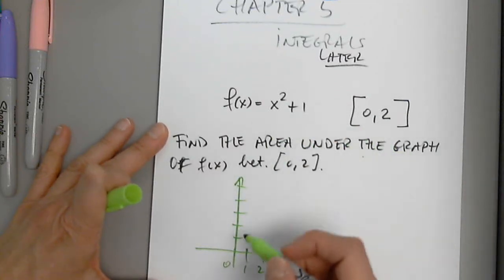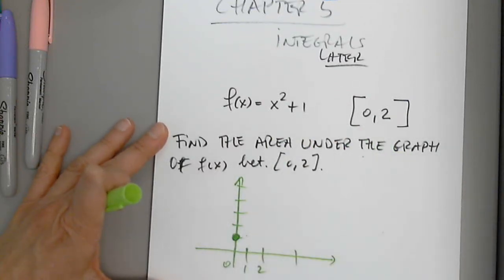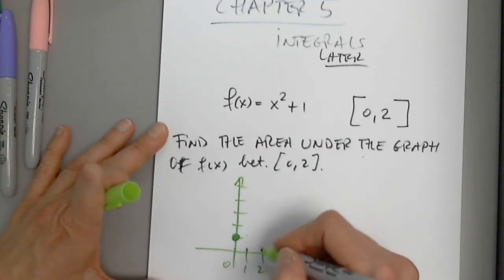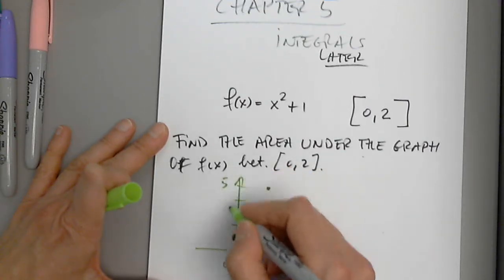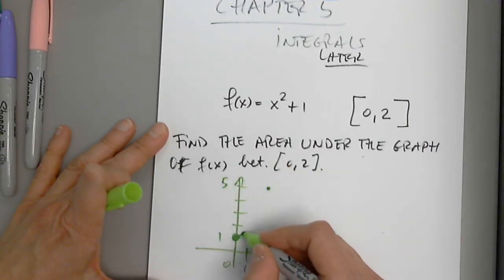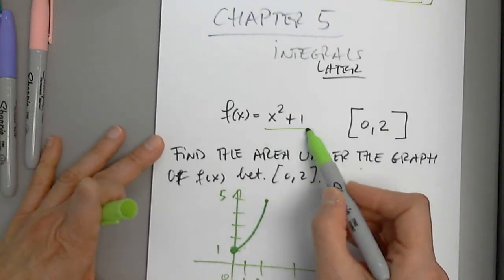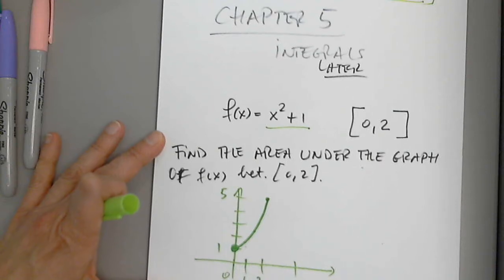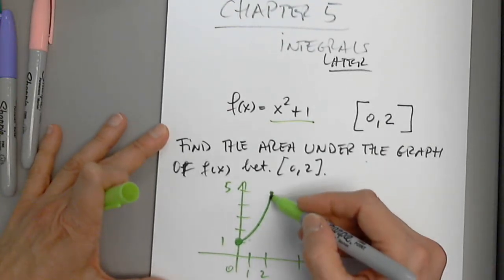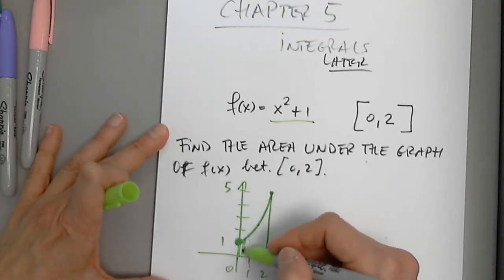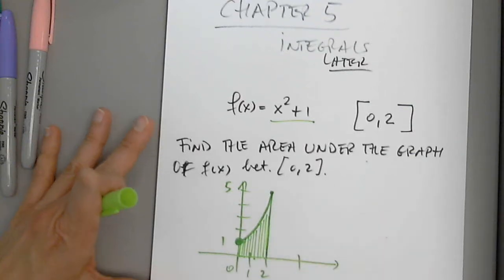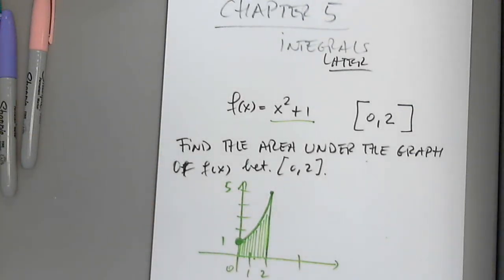When x is 0, obviously y is 1. And when x is 2, y is 5. Would you agree with this graph? This is the graph of x squared plus 1 between 0 and 2. And the area in question is this area. So we are asked to determine the area under the graph of x squared plus 1 between 0 and 2.